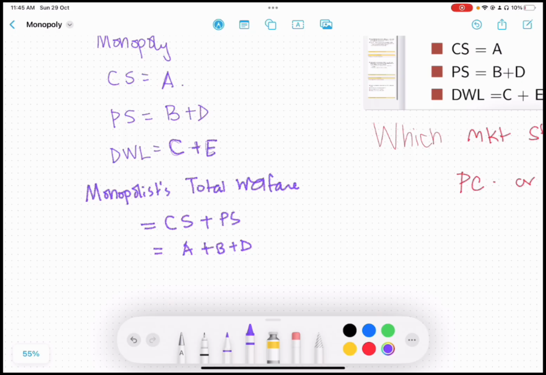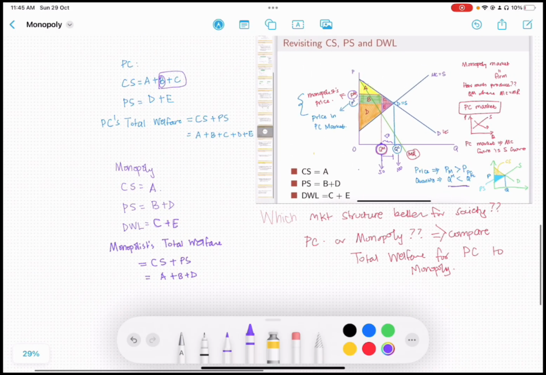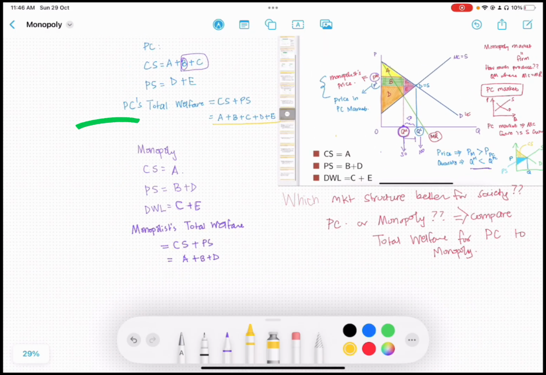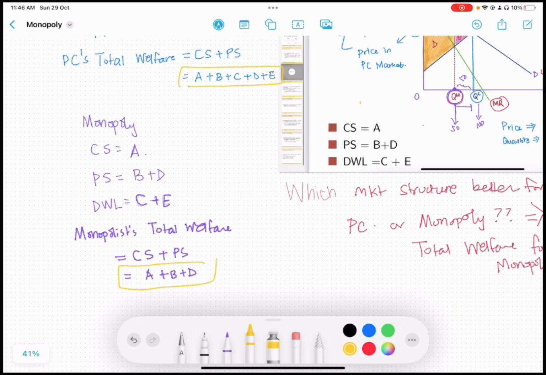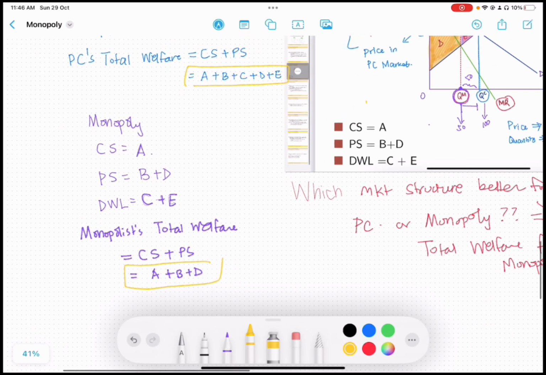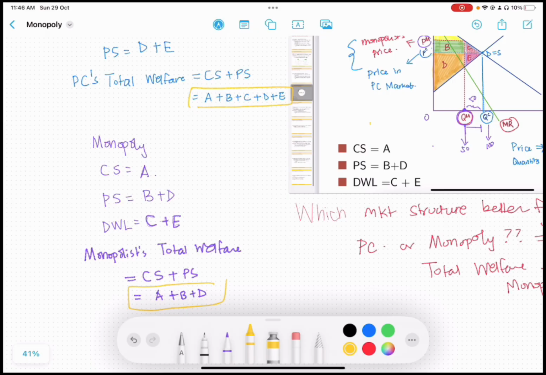All right. So now let's just compare these two. The perfect competition's total welfare was A plus B plus C plus D plus E. But when it comes to the monopolist, the total welfare is A plus B plus D. So what do we see? We see the total welfare has gone down, right? And where has it gone? Well, it's basically C plus E that has now completely disappeared. This is what we are calling the deadweight loss.